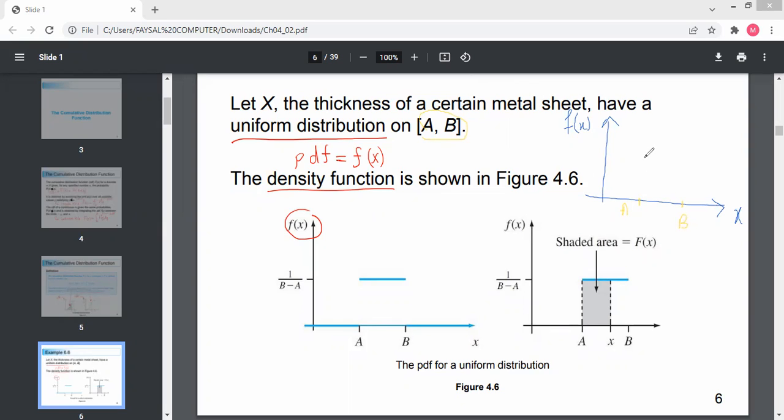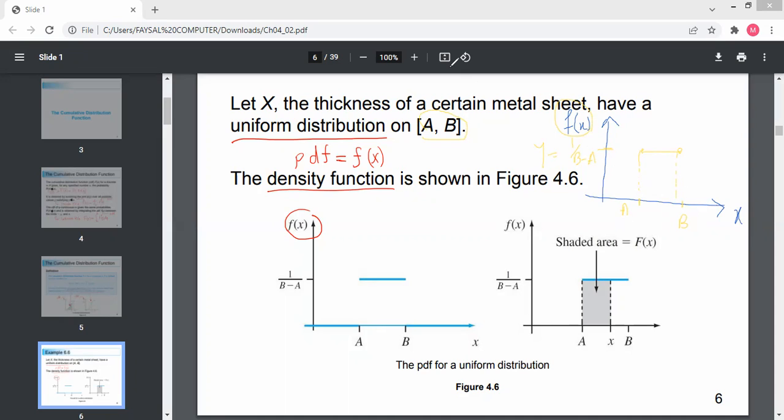Having some thickness, it will start from this point and this point, and this height will be equal to 1 divided by (b minus a). Why 1 divided by b minus a? Because this is the value of y, the inverse of the difference of the values in x. So it will be like this one and this one.